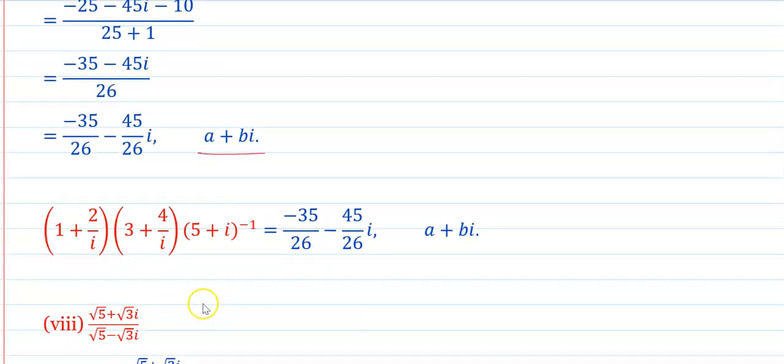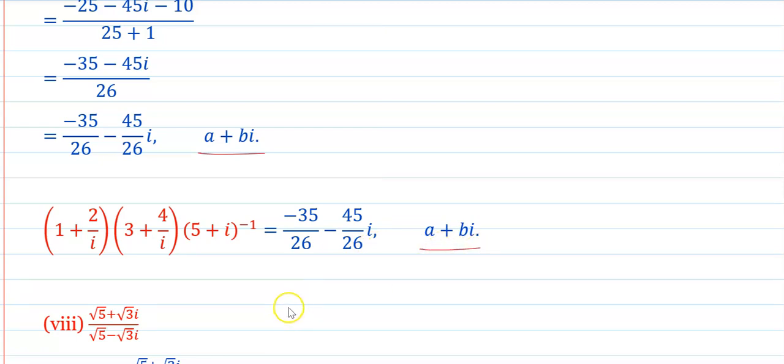And hence the answer for (1 plus 2 upon i) into (3 plus 4 upon i) into (5 plus i) to the power minus 1 is minus 35 upon 26 minus 45 upon 26 i, which is of the form a plus bi.